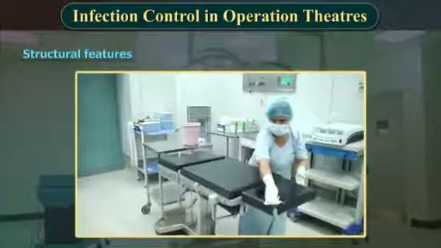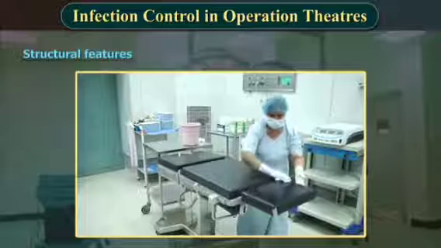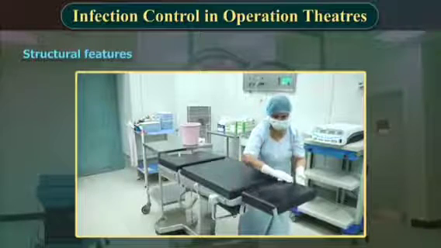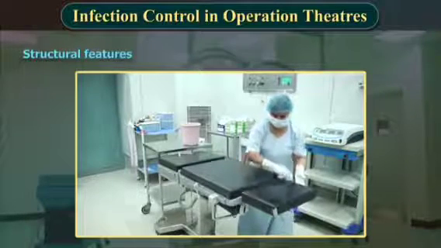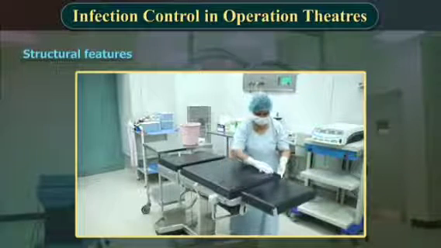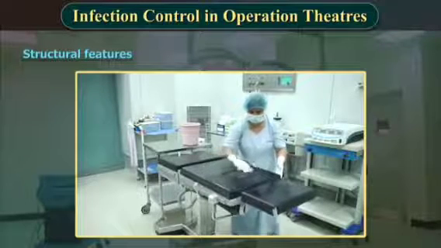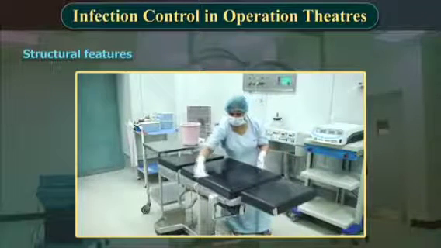Moreover, in designing an operating unit, the choice of surface finishes and structural features is of great importance. Surfaces should be easy to clean in order to facilitate infection control.